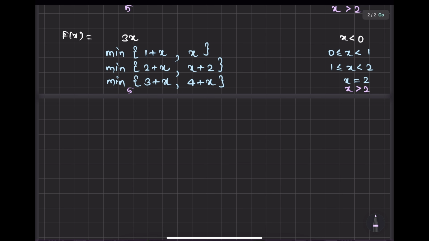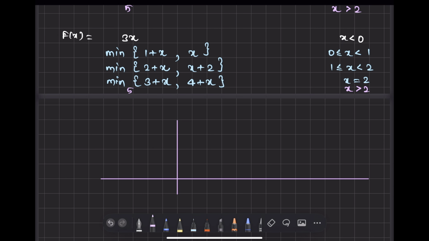Now let's try to draw the graph. Suppose this is the graph. Now focus on this part. Slope is 3. So it is behind x equals to 0. So look at this.